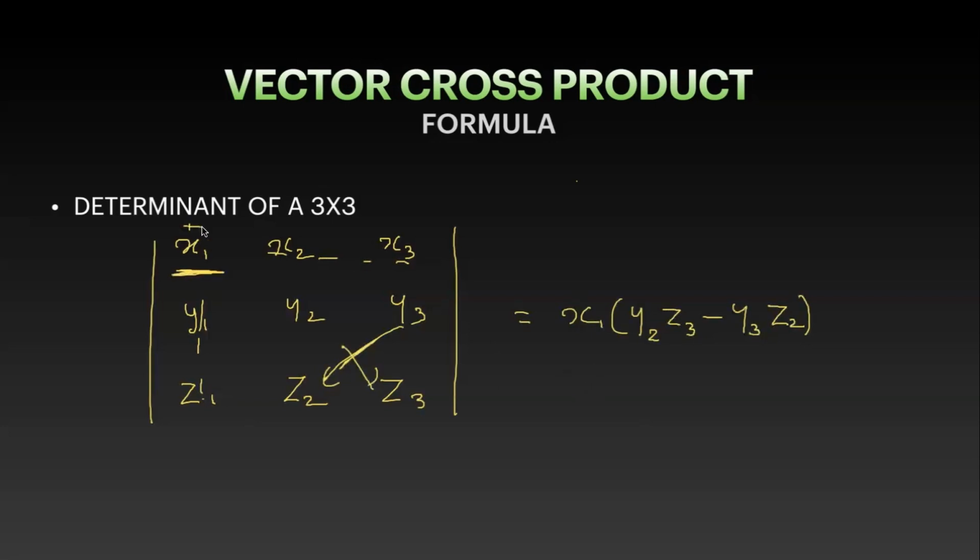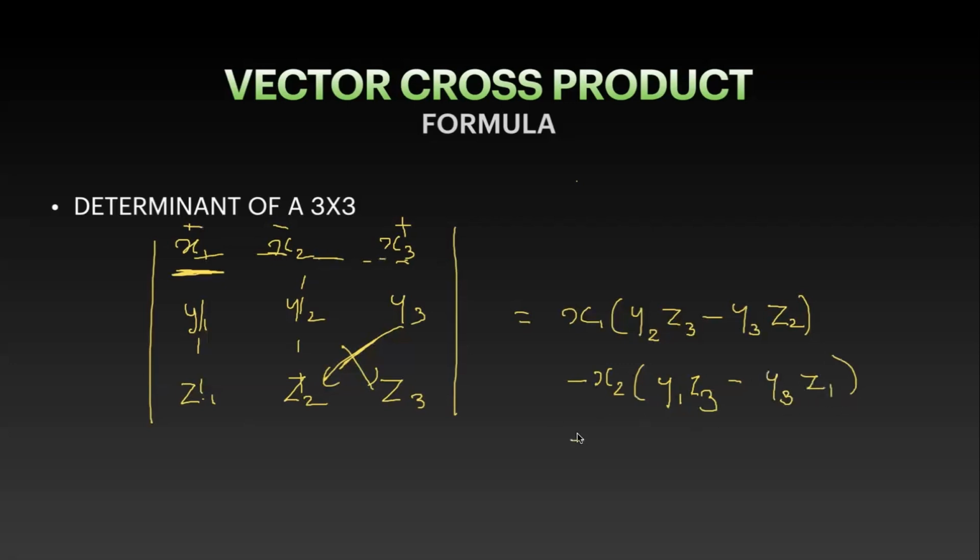Now, the signs go plus, minus, plus. So you write minus x2, forget about its row and column, and take y1 z3 minus y3 z1.